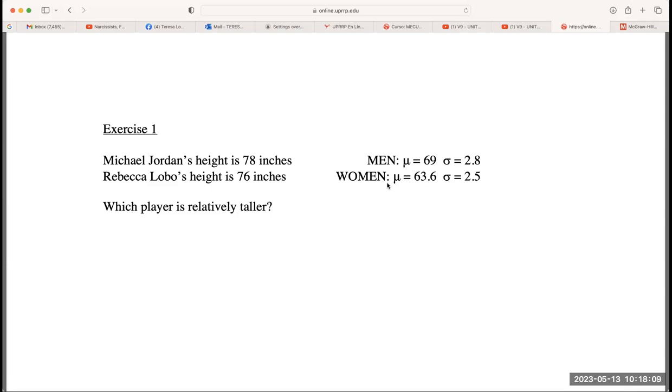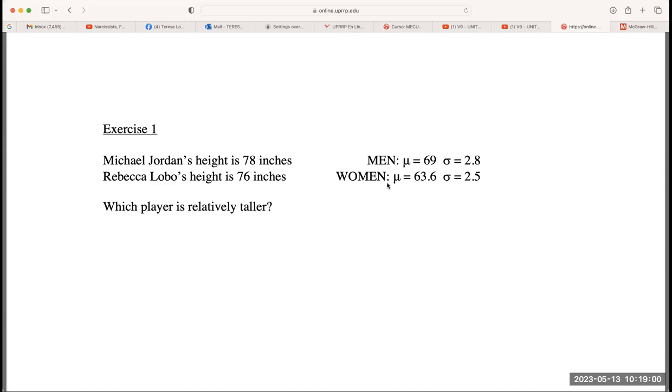So what does it mean to be normal? It means that the distributions are symmetric, unimodal, there's just one peak, and they follow the 68, 95, 99.7% rule.